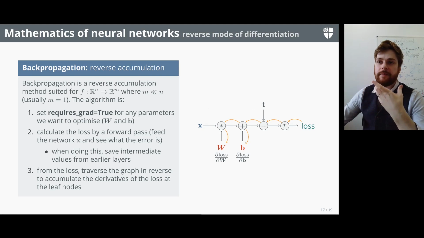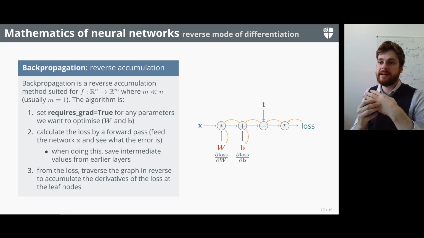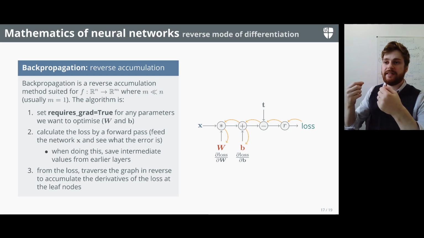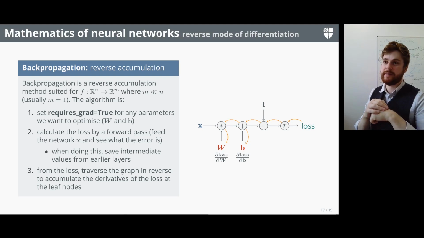But hang on, if x has, say, a million values, like a medium-sized image, and let's assume the next layer is the same size, then your Jacobian will be a 1 million by 1 million matrix, which would require 1 terabyte of memory.